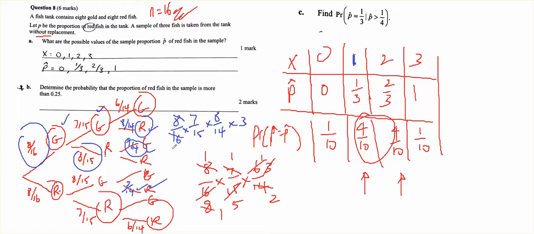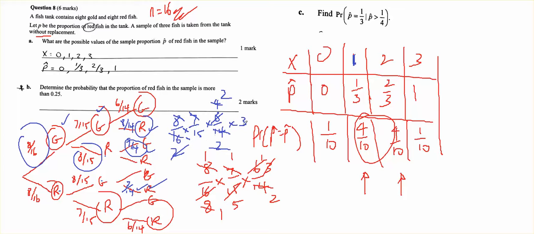8 goes into 16 twice, 7 goes into 14 twice, 2 goes into 8 4 times. I've lost my train of thought here.